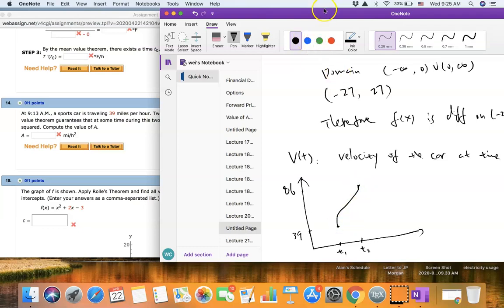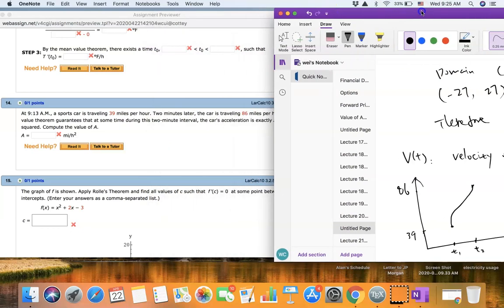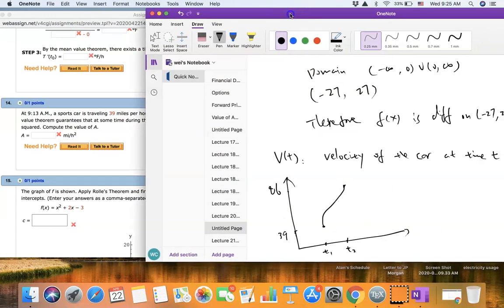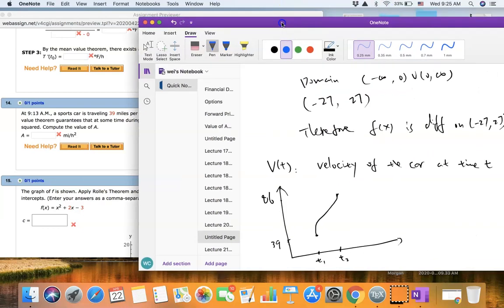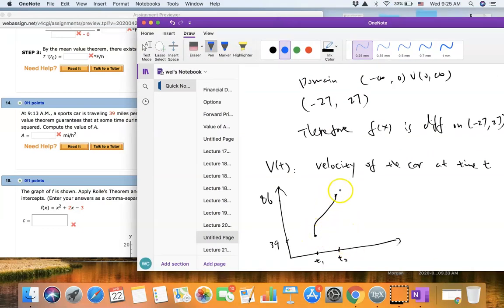Okay. Since we assume the function is continuous and differentiable, now if we connect these two points, we can have a secant line, right? And for this secant line, we can find the slope.